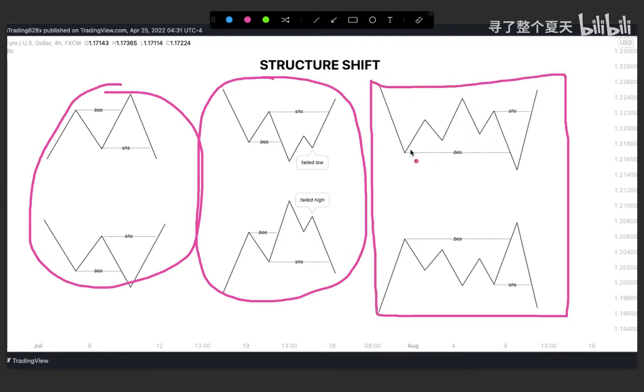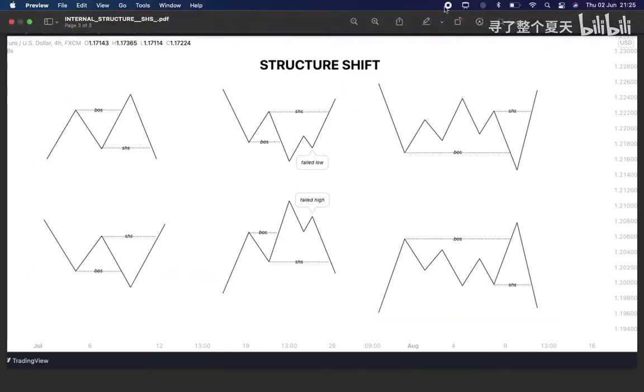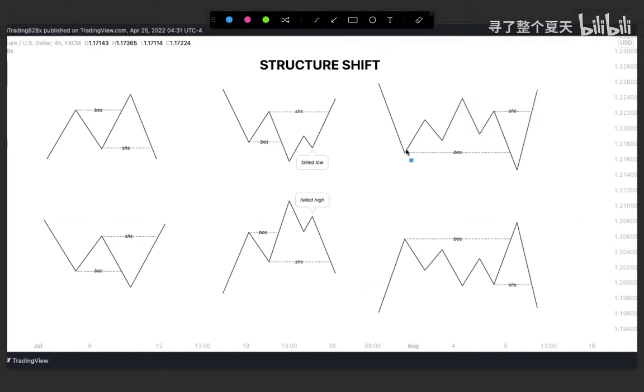Because this is our swing high, this is our swing low, I mean to say. And okay, let me just use different colors. Around this area here, we'll be having our swing low, and this is the highest point before price broke this low, so meaning this is our swing high, right?